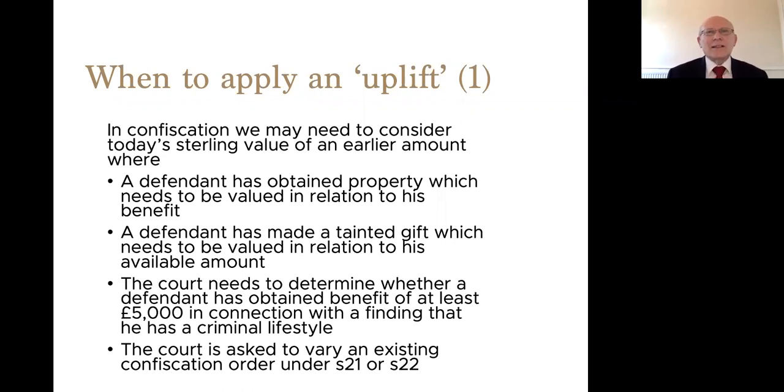Now, in seeing whether the defendant's available amount has increased between then and now, it needs to uplift the old figure to make it comparable with the new one, because what it's comparing is the value, not simply the pounds number, but the actual value. So it needs to maintain the value of the old available amount figure by uplifting the sterling figure for changes in the value of money. So that again is where you see an uplift being applied under confiscation law.